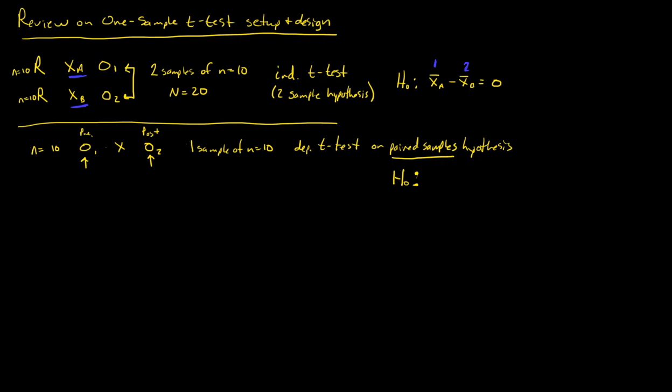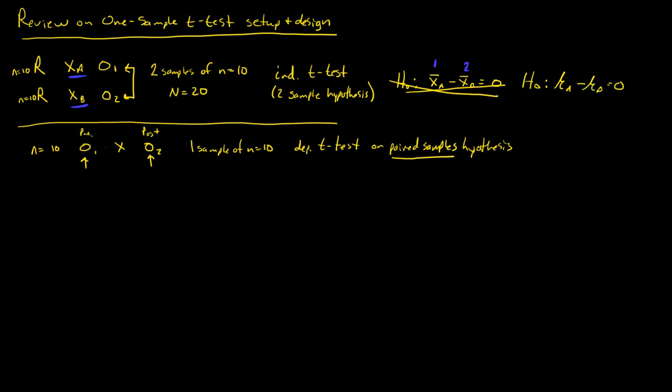You know what is actually probably a better thing to do here, to be consistent? I'm going to change this to make it consistent with our parameter. So this should be the mu of A minus the mu of B equals 0.